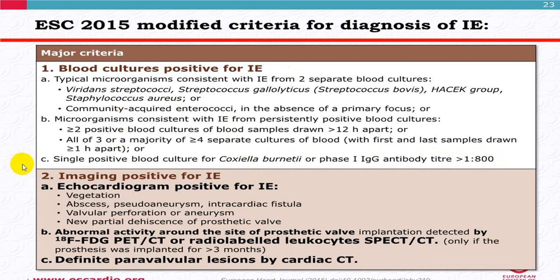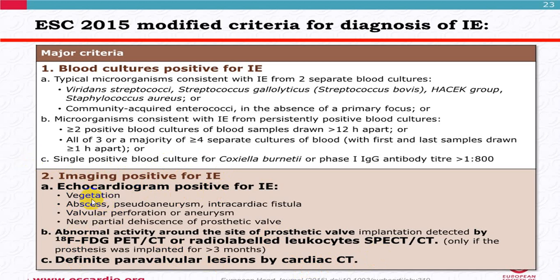The second criteria utilized for confirmation of diagnosis of infective endocarditis was imaging studies, where echocardiography was first taken as the major criteria, then PET scan, and then what we call cardiac CT, out of which the echo is cheap and very easy.